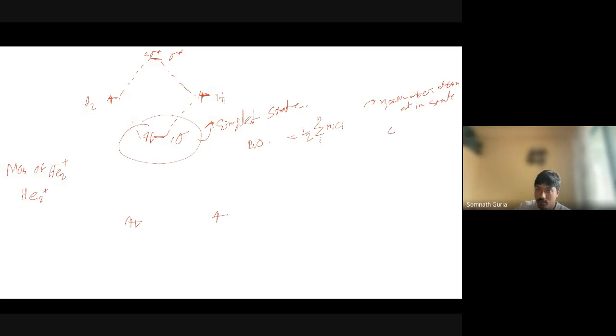C is the coefficient of the ith state, the ith function.